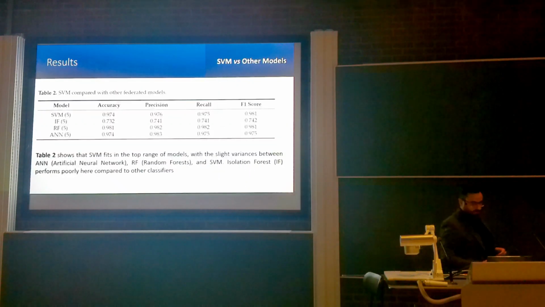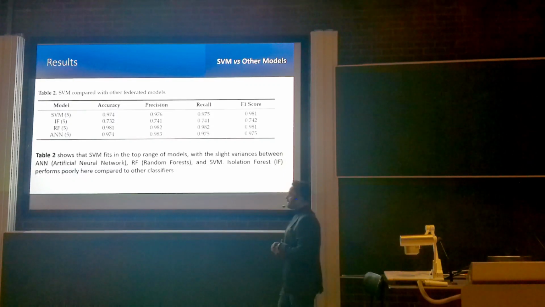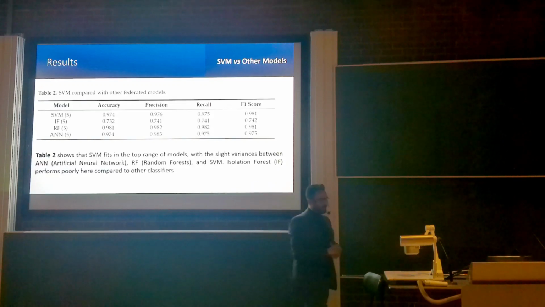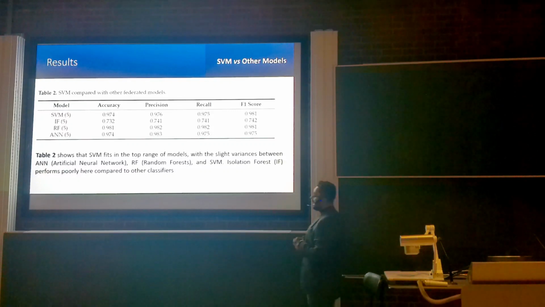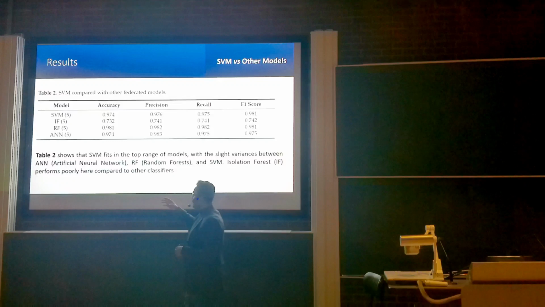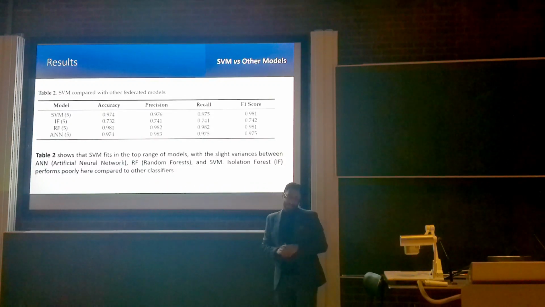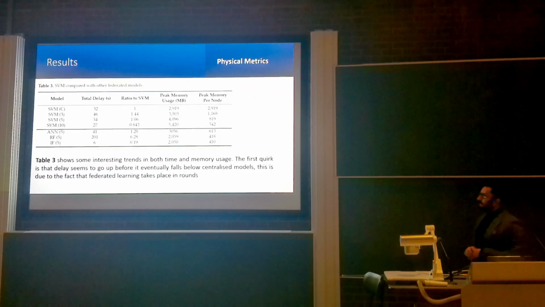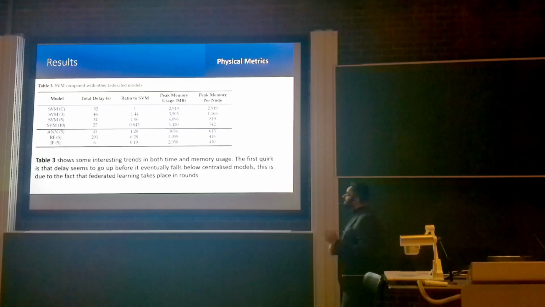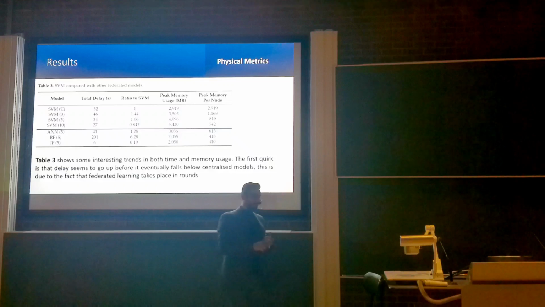However, when it comes to checking the accuracy against other machine learning algorithms, such as the isolation forest, the random forest, and the artificial neural network, SVM fits at the top of the range, with similar output to ANN. However, with ANN you will get different physical metrics and output in terms of time and memory.